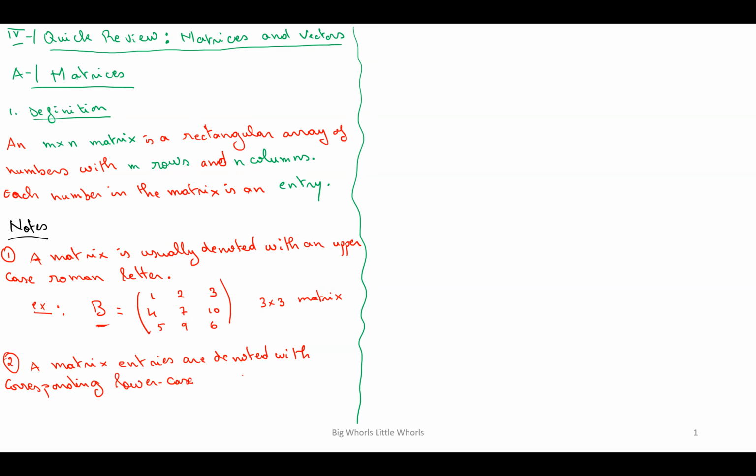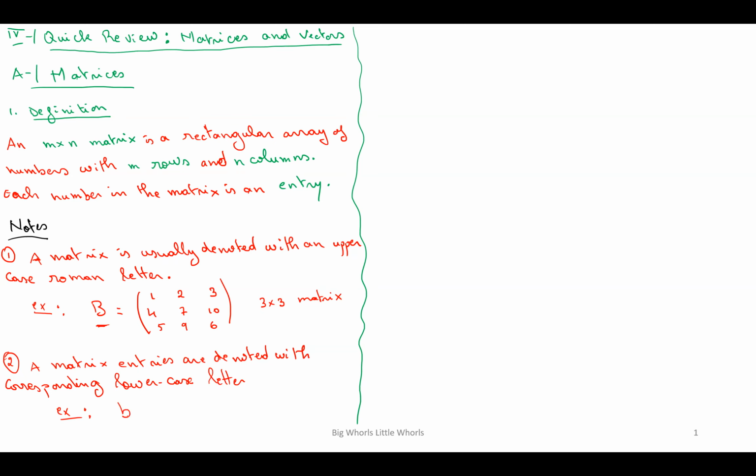For example, in the B matrix, if I want the second element in the first row, so first row, second column, the element is 2.